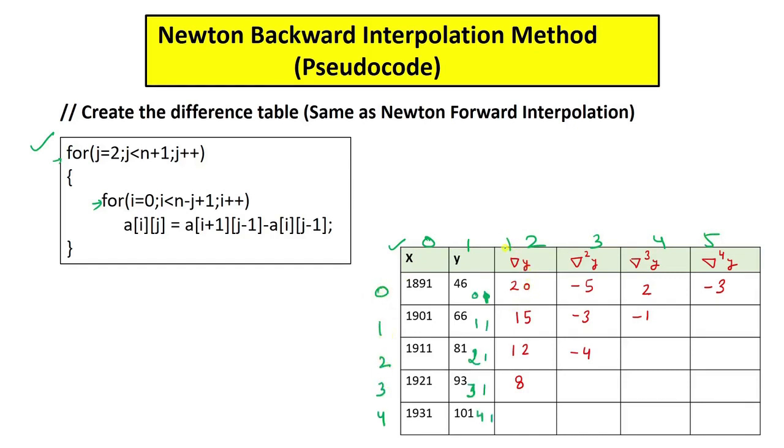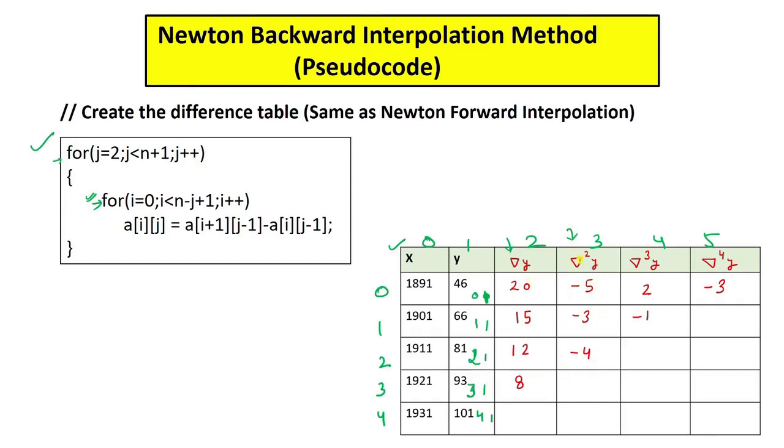First we will find this difference. We will be subtracting 66 minus 46, 81 minus this, and so on, and we will get all these values. All the values for a particular column will be found by the inner loop. After the inner loop is over, I will move to the next column to find all these values.